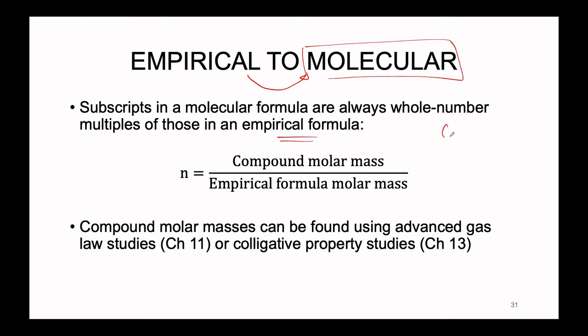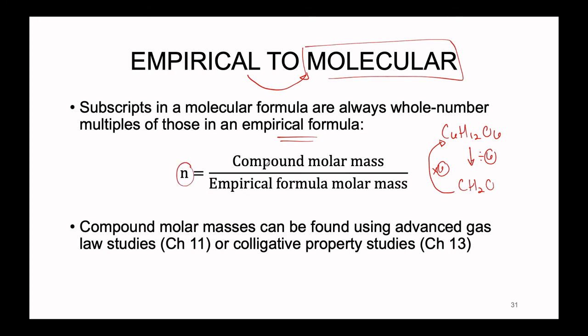So, let's say we're taking C6H12O6 and we want to scale this down to the empirical formula, we're going to have to divide everything by 6, right, to create CH2O. Well, if you want to go in the reverse direction, from empirical back up to the molecular formula, you're going to have to multiply by 6, right? So if you reduce down by a particular factor, you're going to have to scale back up by that same factor. This factor is known as N.